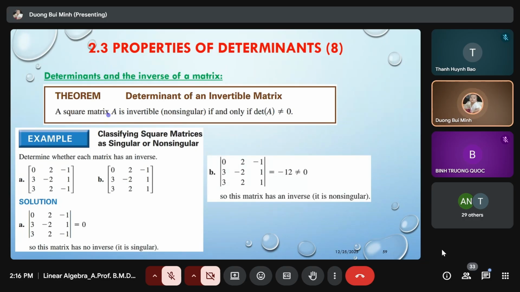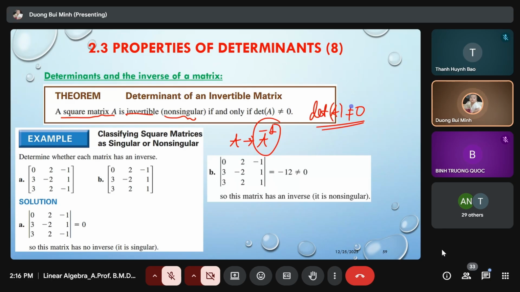A square matrix A is invertible, meaning non-singular, if and only if the determinant of A is different from 0. Yes, of course, we discussed this many times. What does it mean that A is invertible? It means we can figure out the inverse of A. This theorem is very important.